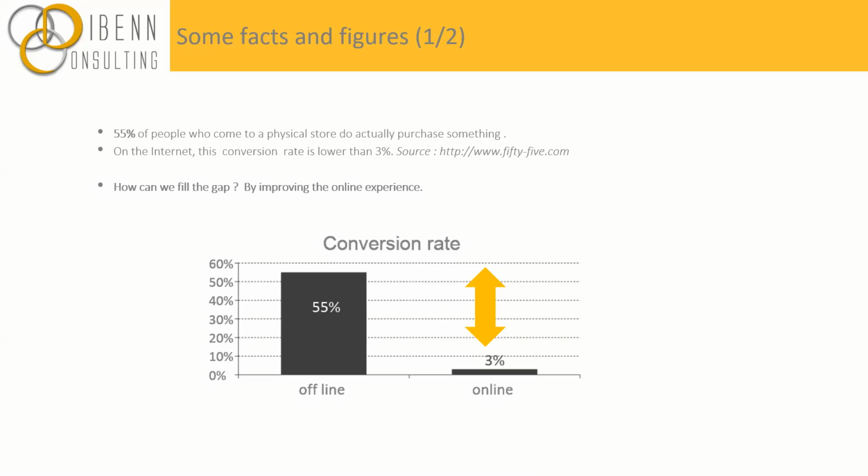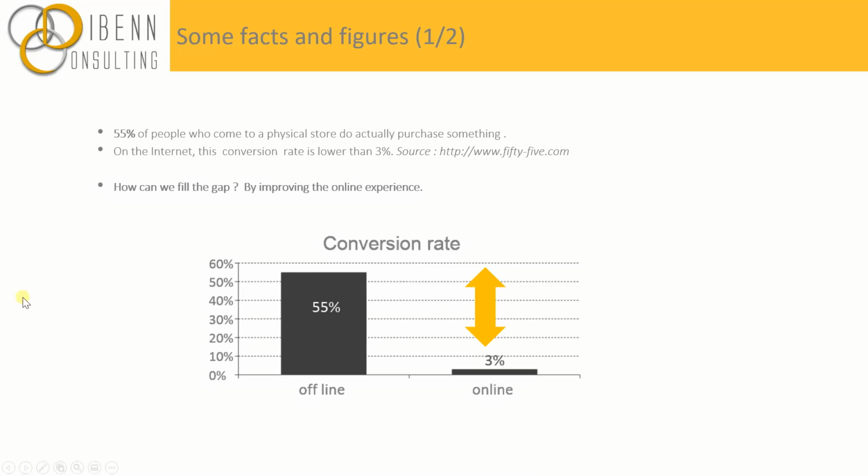So it is commonly admitted that the conversion rate, meaning the ratio between people entering a shop and people leaving the shop after having purchased something, is way lower for online businesses than for offline ones.